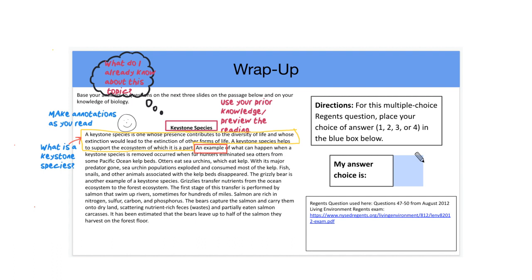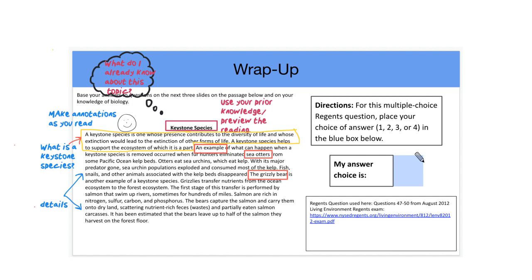The first example is the sea otters. And the second example of a keystone species is the grizzly bear. For both of these examples, the reading is offering me some details that I'm just going to label as details for now. What I did simply allows me to get organized in my mind and get focused on the questions that I'm going to read right now.